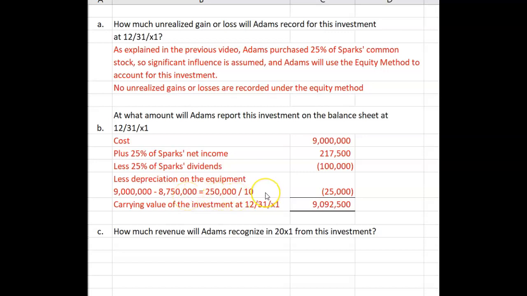Divide that by 10 years for a reduction in the investment of $25,000.